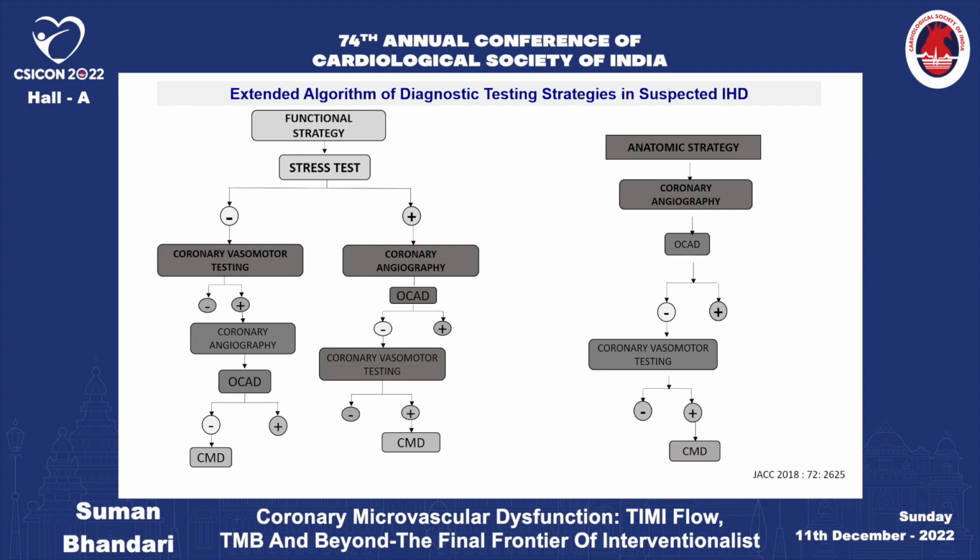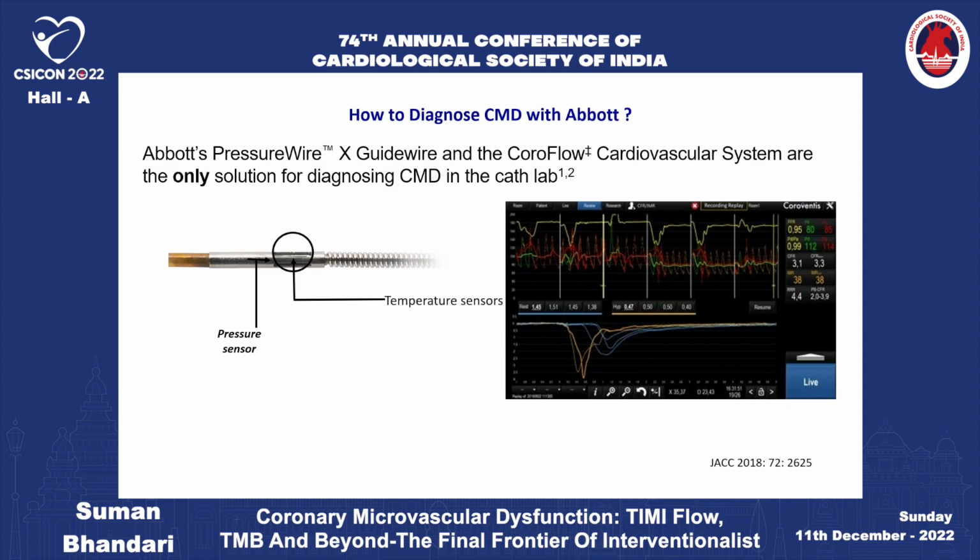So these are some of the algorithms. After an angiogram, you do vasomotor testing or a CMD assessment, and you need a special pressure wire which has a temperature sensor and a pressure sensor both.